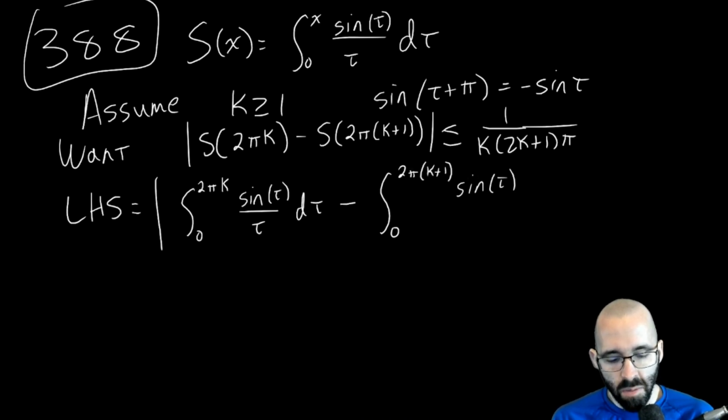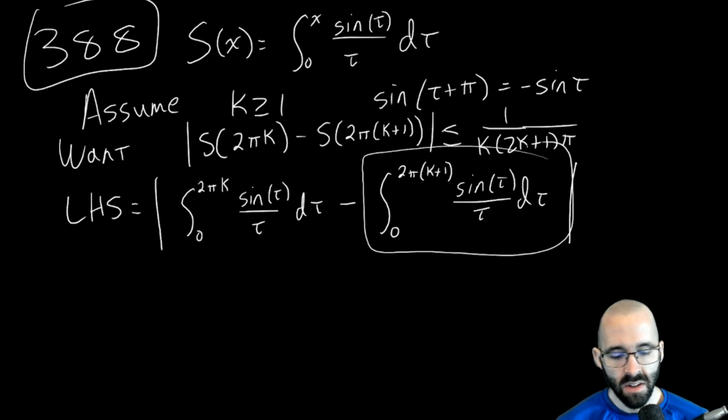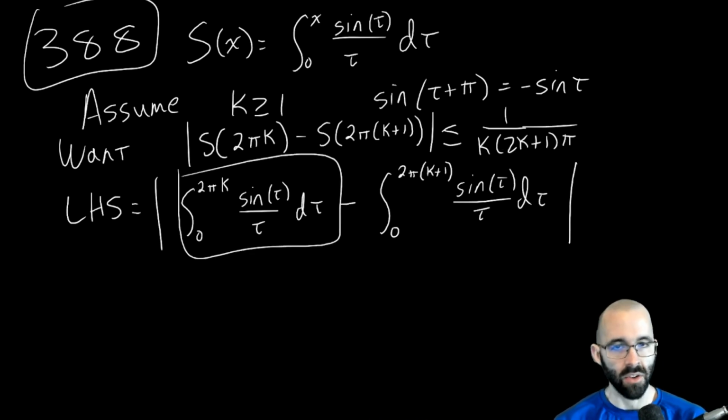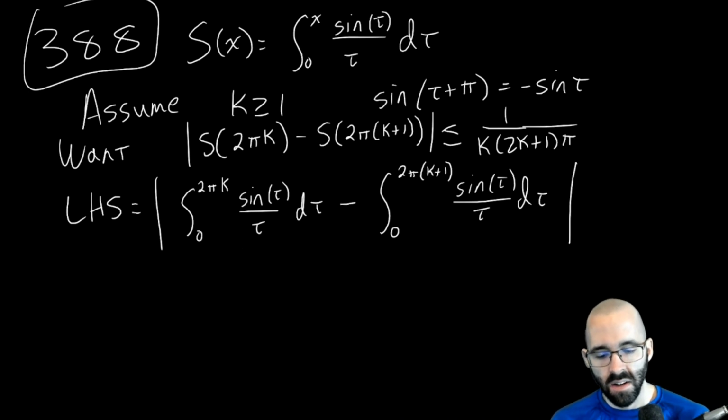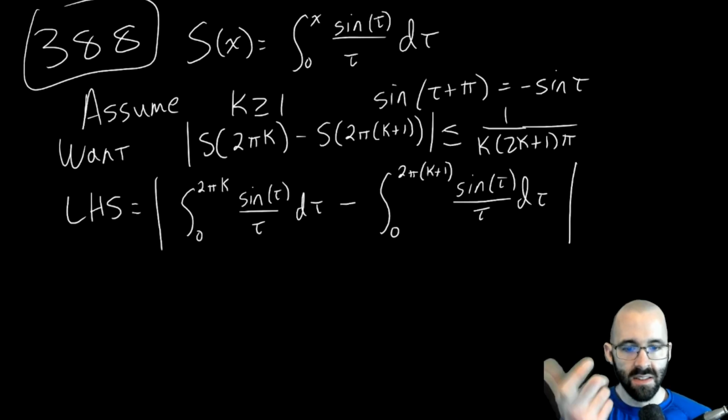And right off the bat, properties of integration are going to give us something nice. We're integrating area under the curve. Well, this integral is just this integral plus another one, right? And we have an absolute value, so we can switch the order of the difference between these.